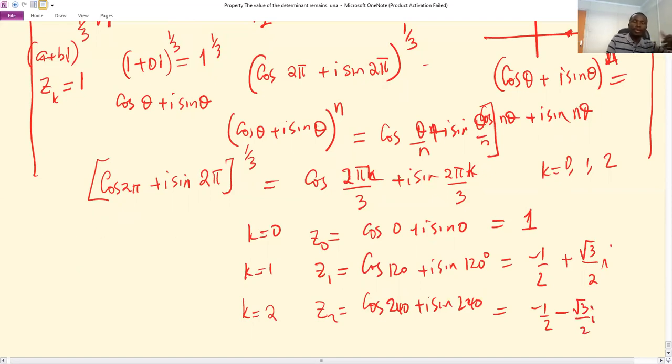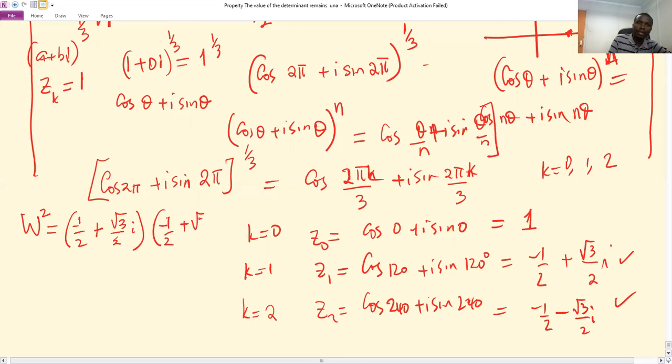So we are told that omega is one of the imaginary roots, so it can either be this or this one here. So taking this to be that root, omega squared would be negative a half plus root 3 over 2 i, squared.